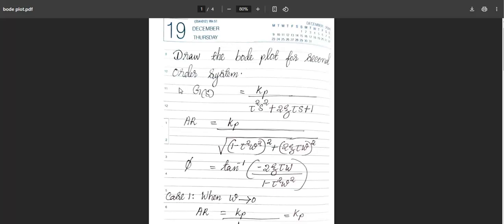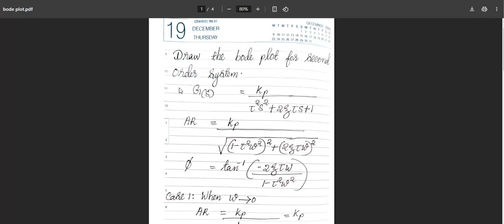Otherwise, you have to derive them for a second order system, and that will take a long time. So it is better to remember the amplitude ratio and phase angle for the corresponding systems. For a second order system, the amplitude ratio and phase angle are given here.